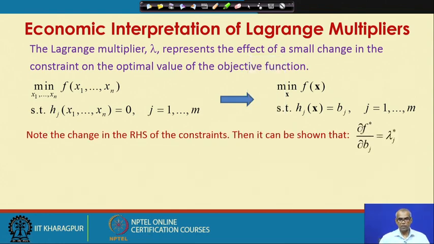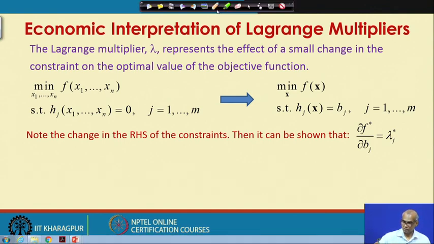Note the change in the right hand side of the constraints. It can be shown that del f star del b j equals lambda j star, where star indicates the optimal point. So the rate of change of the optimal value of the objective function with respect to change in b j is equal to the optimal value of the Lagrange multiplier.